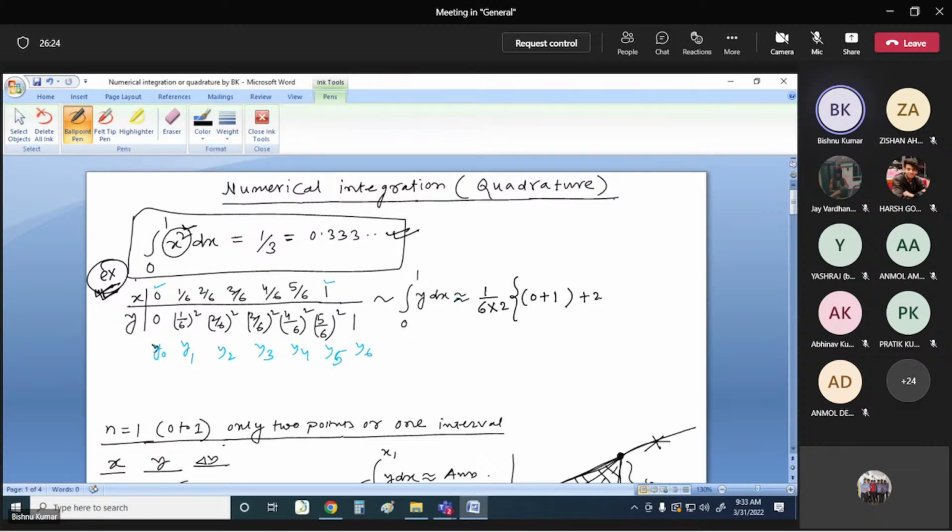Just remember that. Intermediate y ordinates means y1, y2, y3, y4, y5, that is (1/6) square, (2/6) square, (3/6) square, (4/6) square, and (5/6) square.